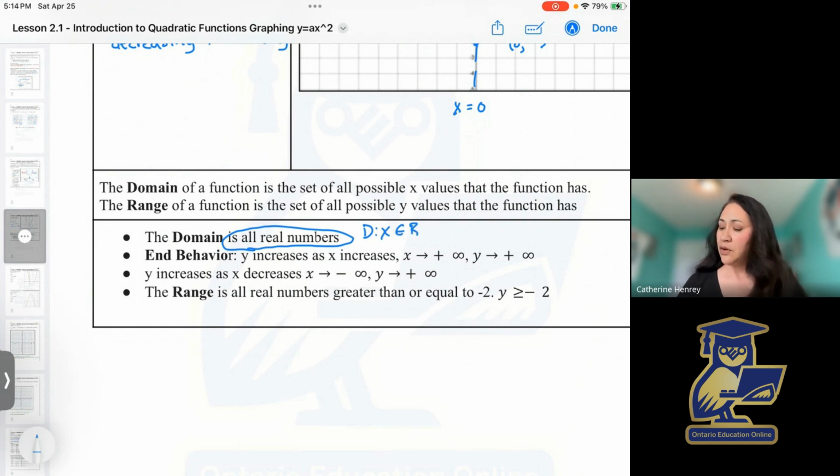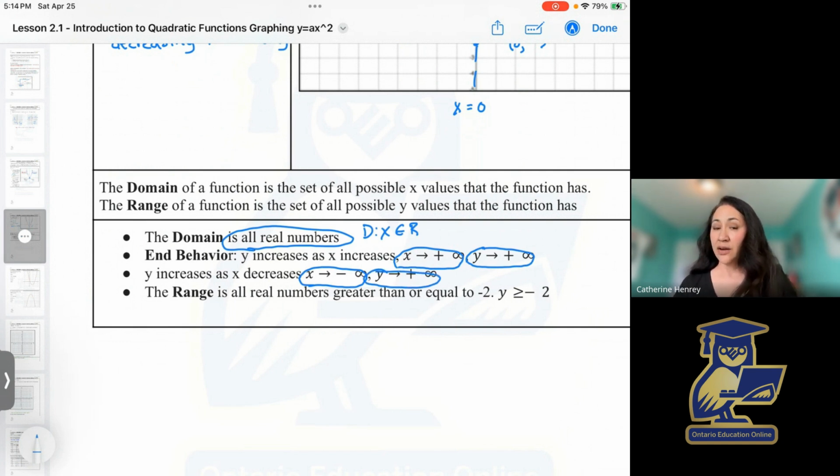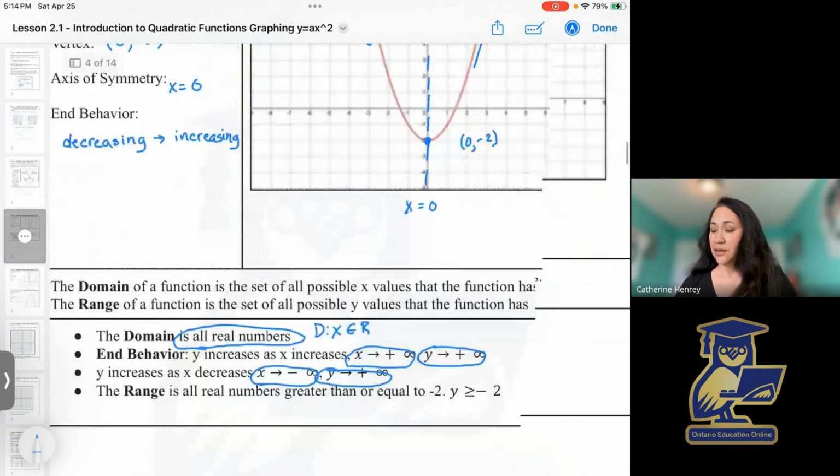Now the end behavior, y increases as x increases, can be written just like this. As x increases to positive infinity, y increases to positive infinity. As x increases to negative infinity, then y increases to positive infinity. Let's go back to our graph and take a quick look at this.